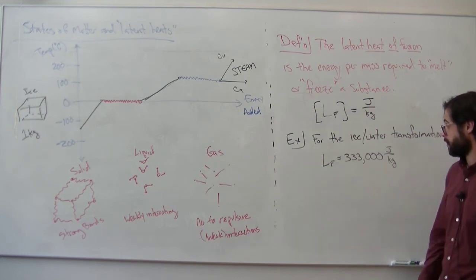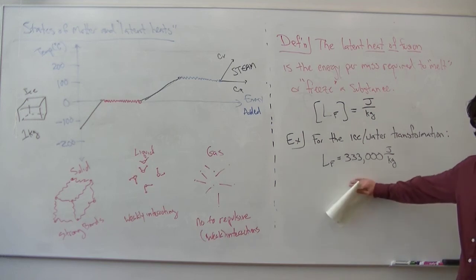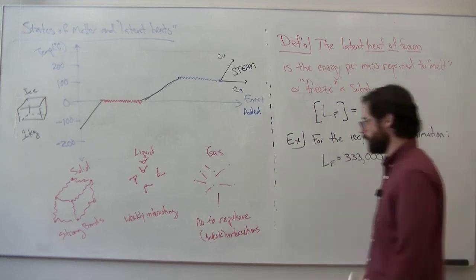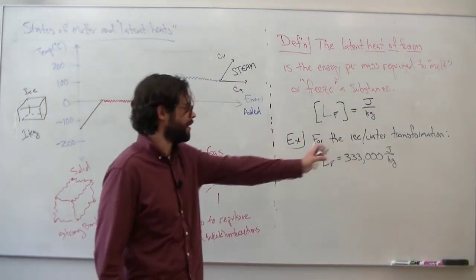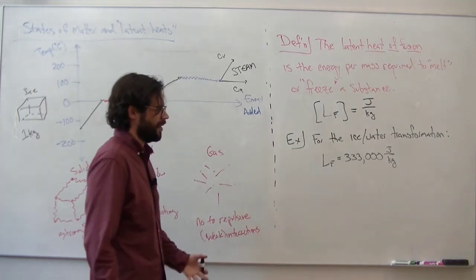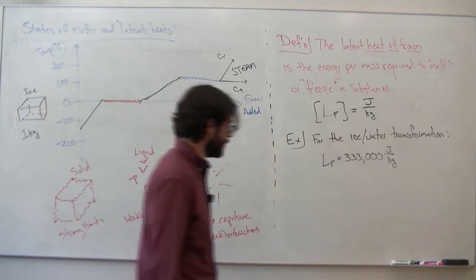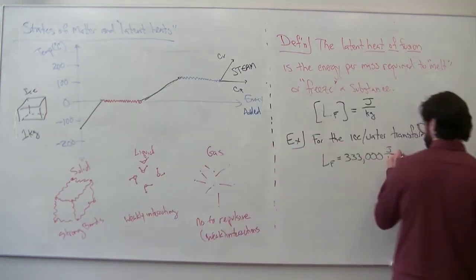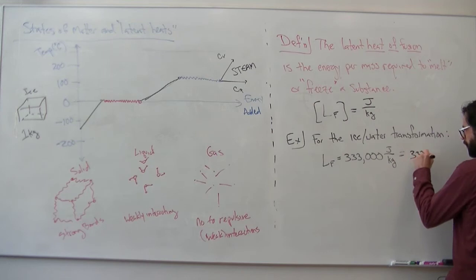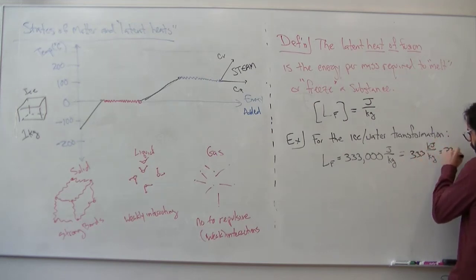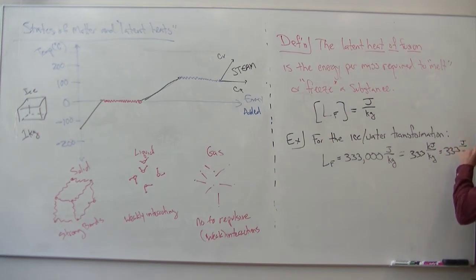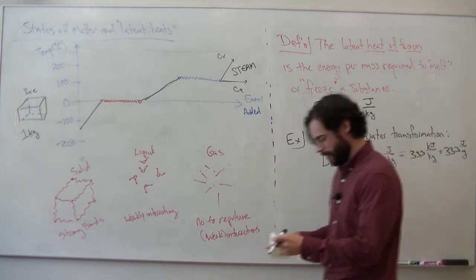So in fact, in the middle of the 19th century, people would saw blocks of ice out of ponds in New England and literally sail them down to India, and because it takes so much energy to melt ice, they would show up intact and you could sell them as a delicacy. So let's do this: 333 kilojoules per kilogram, or 333 joules per gram. So again, that's why you see those.